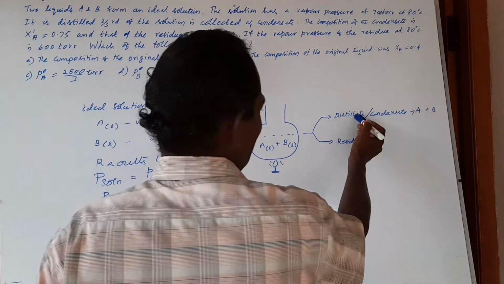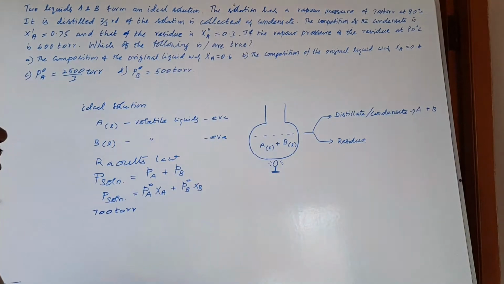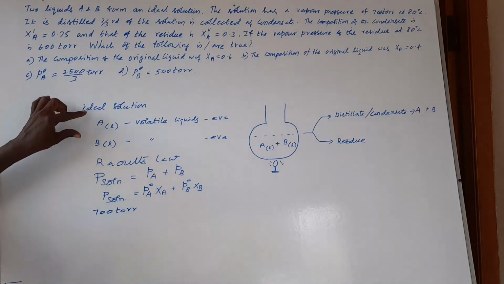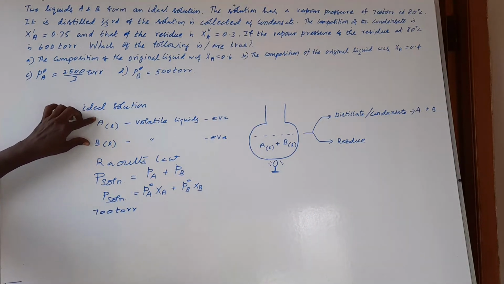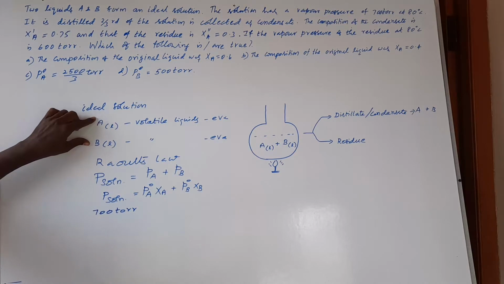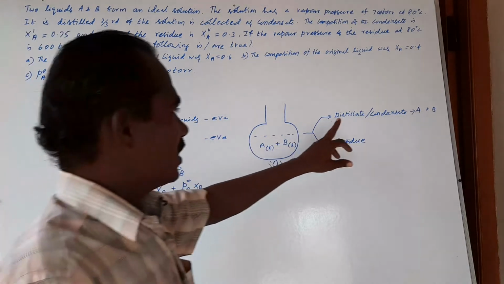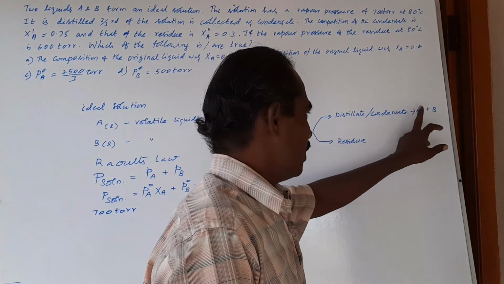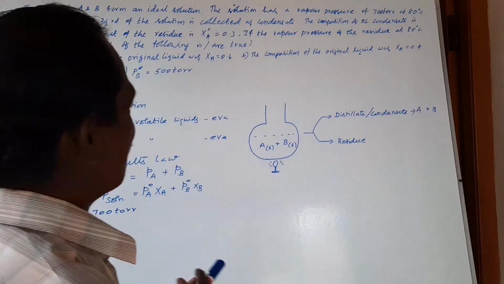So, the distillate contains A and B. If boiling points of these two are different, any one will distillate, one will evaporate, another will be in the residue. Now, whether distillate contains both A and B or only A or only B, how to understand it?